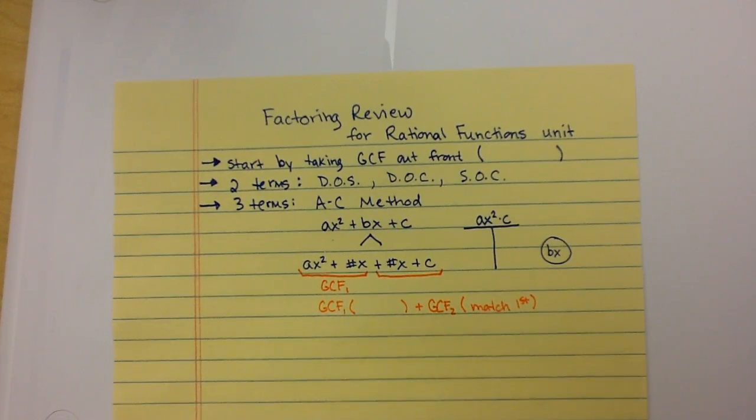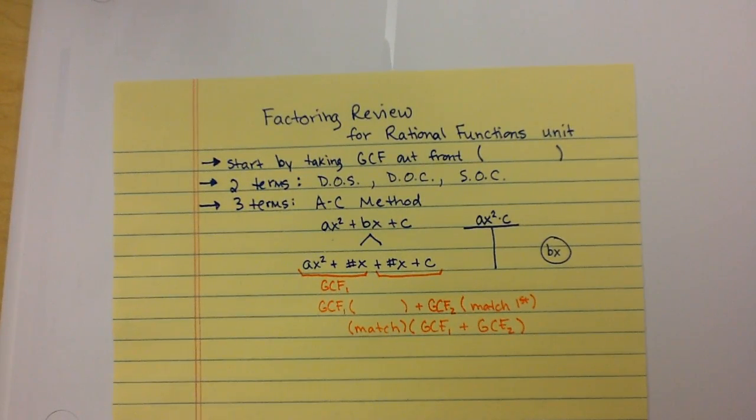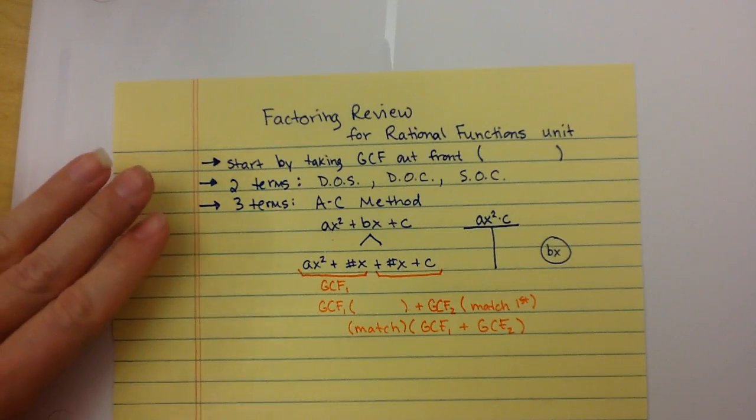And then we're going to group together the matches. So we'll have one parenthesis that has the matching parenthesis, and the other parenthesis will have GCF1 plus GCF2. Now that's just a generalized idea of how to do the AC method. I'm going to show you some examples just to refresh your memory even more.